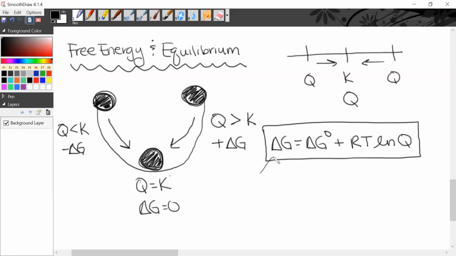So this would be your free energy under any conditions. This is your delta G under standard conditions.